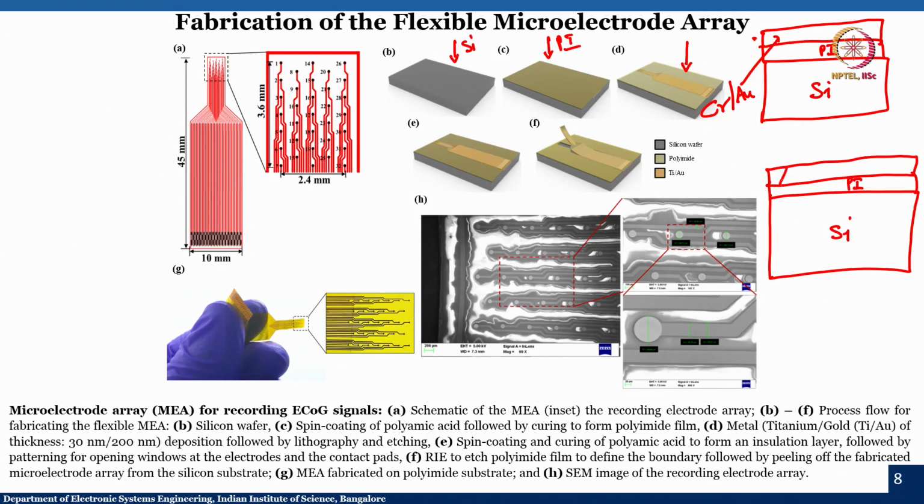So, you have chrome gold here. On chrome gold you spin coat photoresist. Which kind of photoresist? Positive photoresist. After coating positive photoresist, what is the next step? You have to go for soft bake.